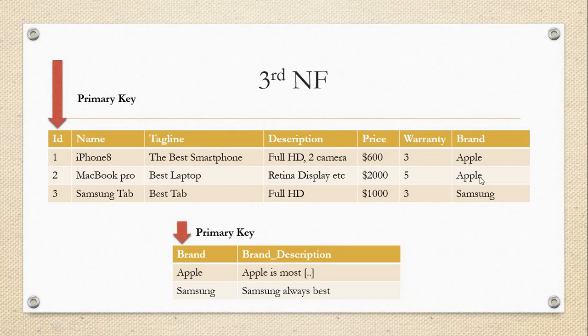So multiple records are associated with a single record, because in the brand section, Apple is only one company and the brand description is only one, but we have lots of Apple products. So we can say it is a many to one relationship.